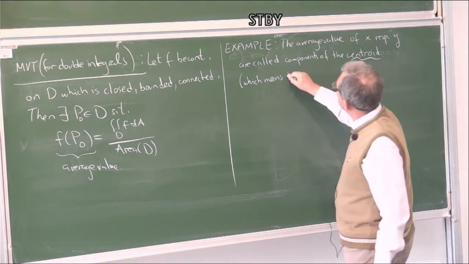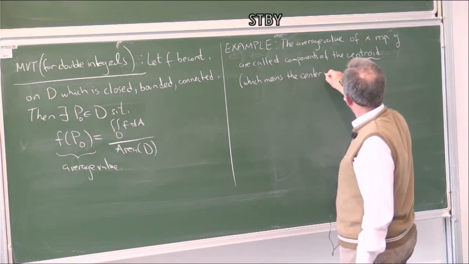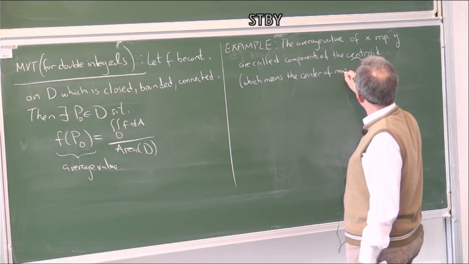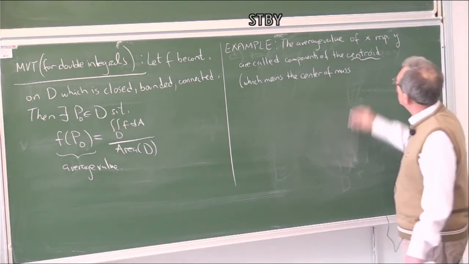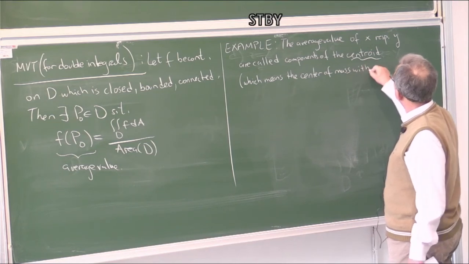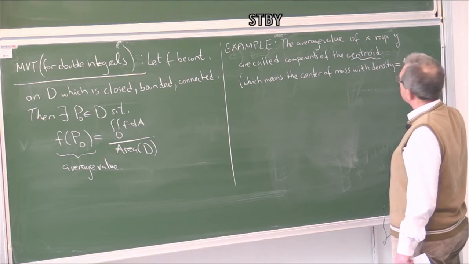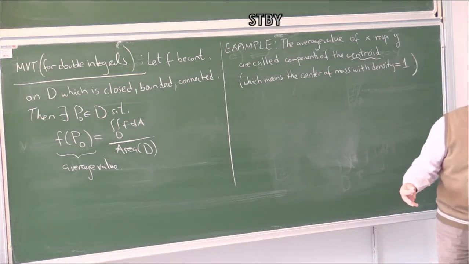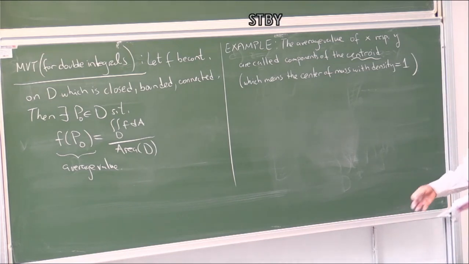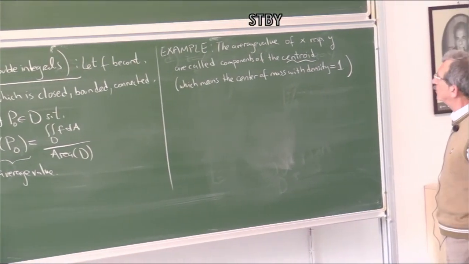the center of mass. From physics, you have heard this a lot of times. With density 1. So these are mathematical identities because density is 1. You are not dependent on the matter in question.